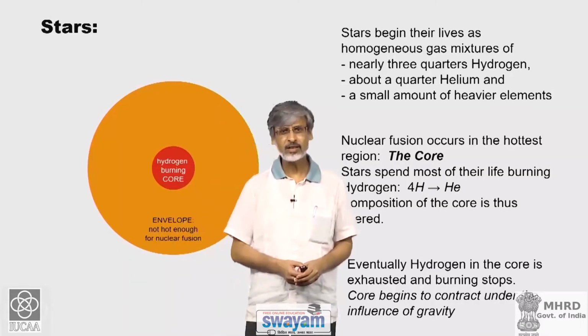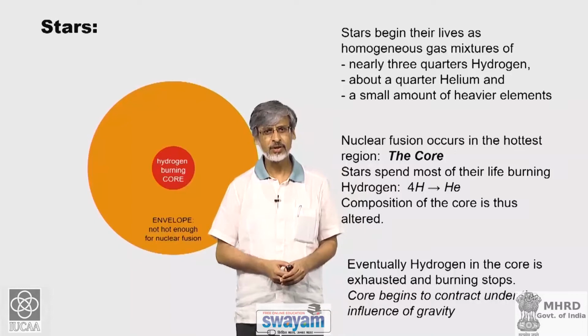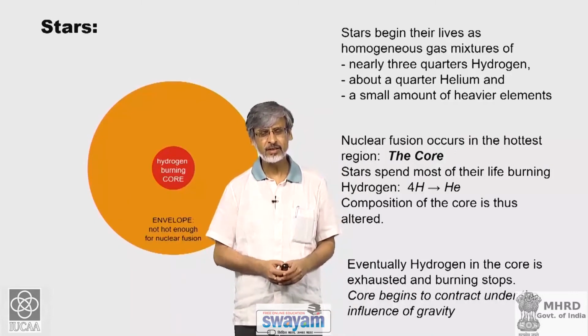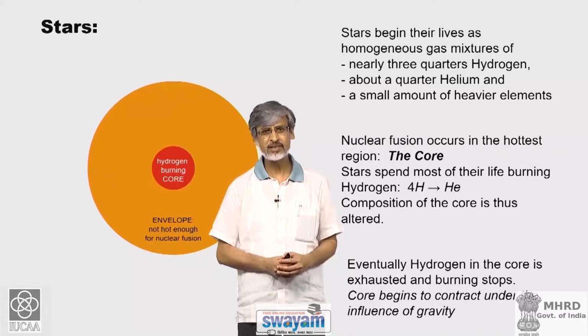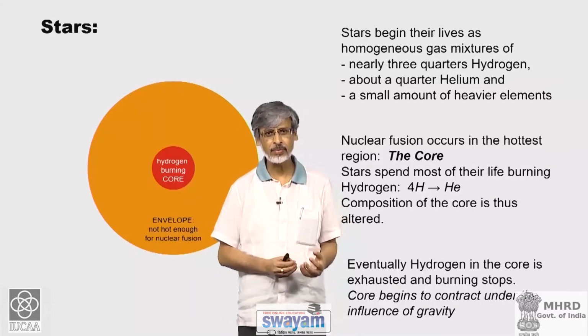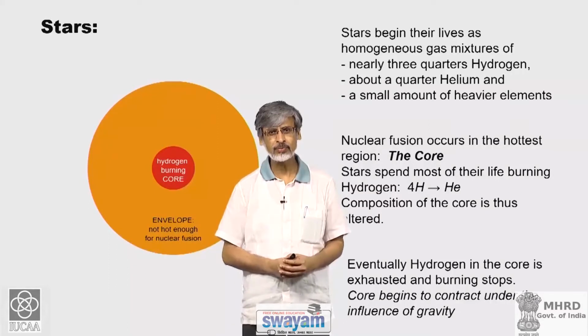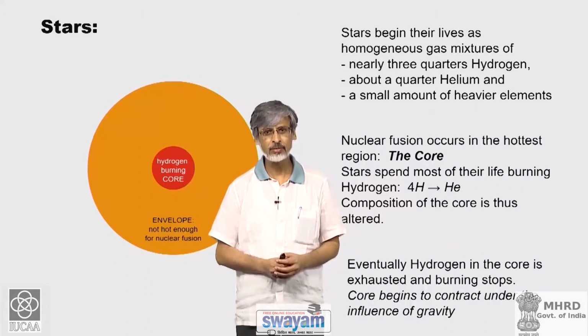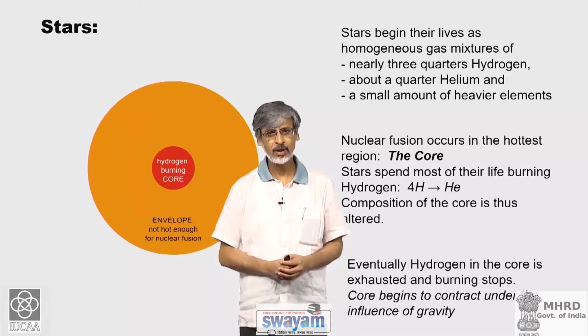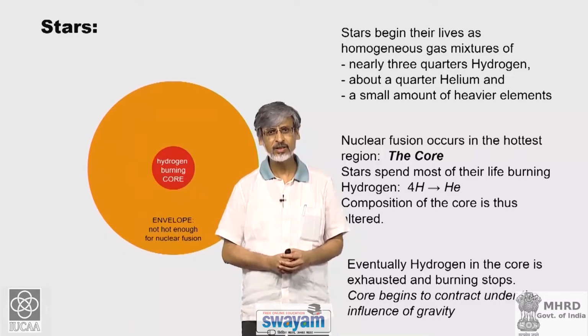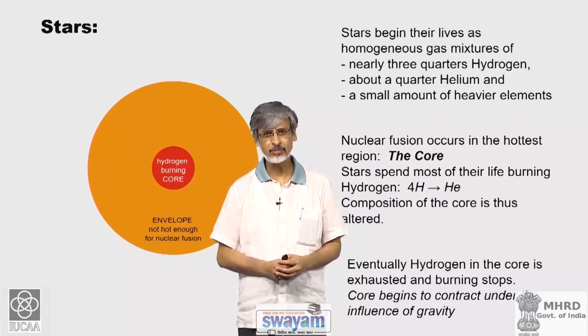Now, remember, the star was stable because the energy being lost from the surface in the form of radiation was being balanced by the energy being supplied from the core in the form of nuclear burning. Now, with the nuclear burning gone, the central source of energy dries up.